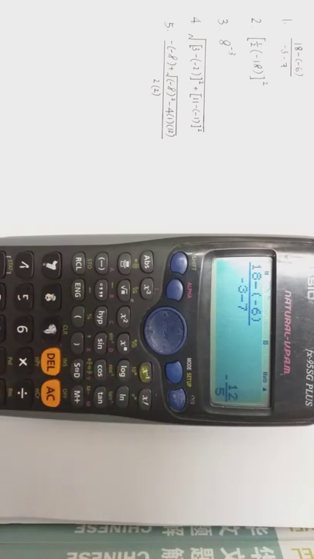Now, can we leave our answers as improper fractions? Yes, we can, but it is better to leave it as a mixed fraction. So how do we convert an improper fraction to a mixed fraction using our calculator?